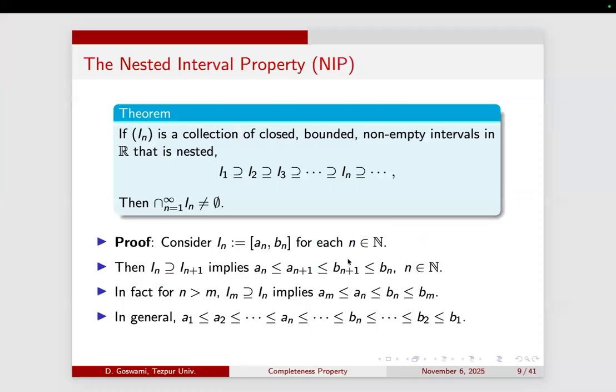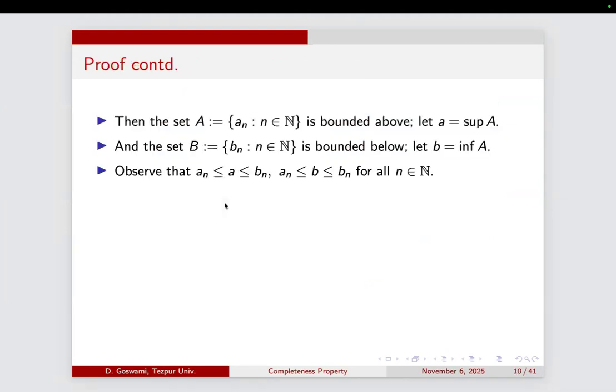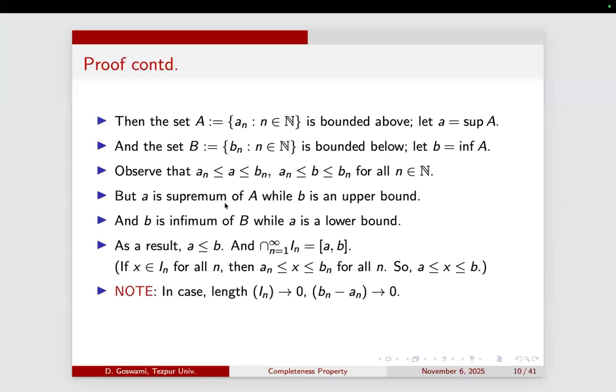Okay, so what we have shown is the nested interval property. First of all, if we have a nested sequence of closed bounded non-empty intervals, their intersection is non-empty, and we can show something more. In fact, this intersection is not only non-empty, we can define what it is.